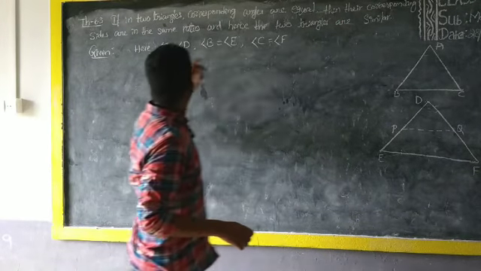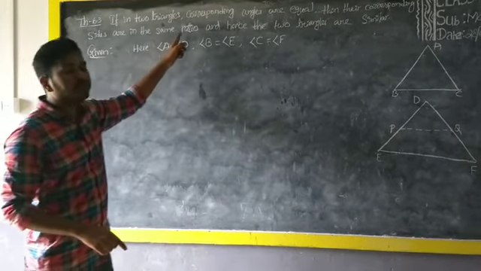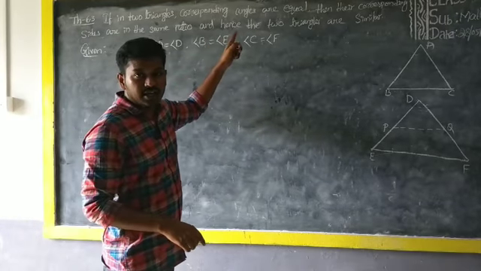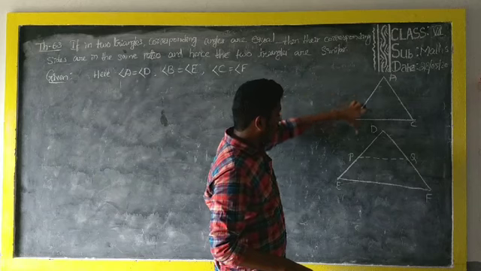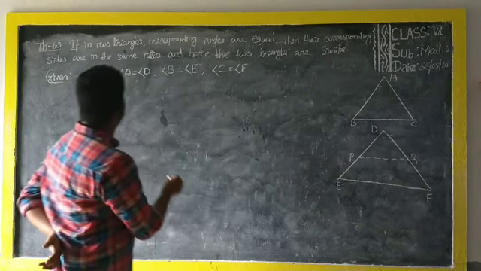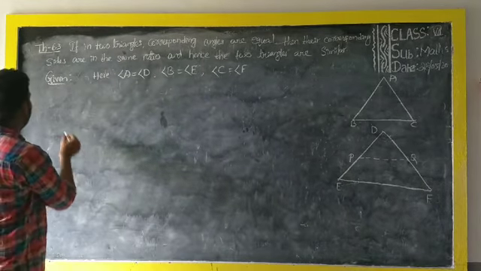Then the corresponding sides are in the same ratio. If you observe, AB corresponds to DE, so the ratio will be equal.